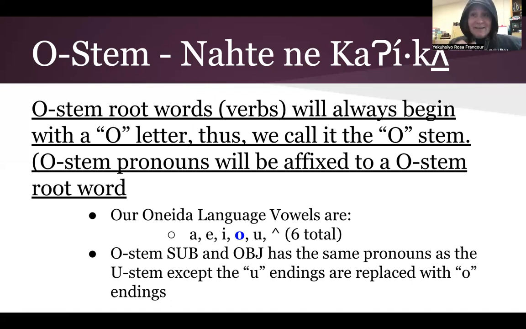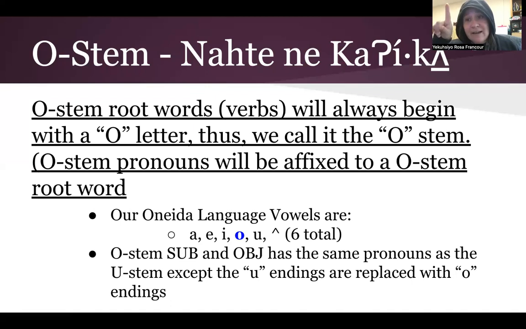Remember we talked about the C stem last time. That is the consonant stem. So all the consonants in our language, they adhere to the C stem. So any verb that starts with a consonant, that's C stem. Any verb that starts with an O, that's O stem, okay? But remember I said we had 8 stems. That's only 7 if we have 6 vowels and a C stem for all the consonants. Well, the E vowel has kind of 2, okay?